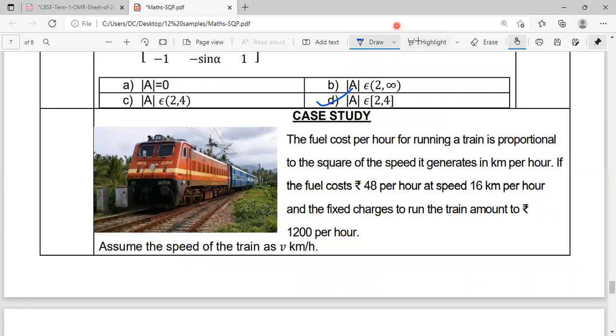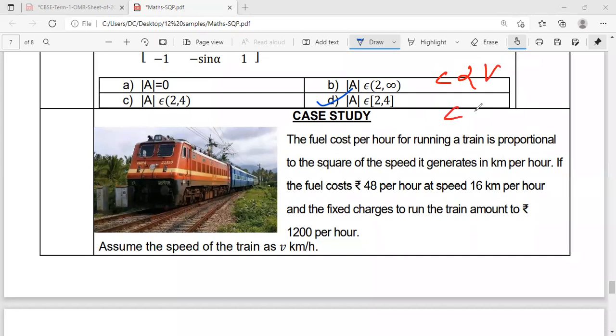Now, what is given is the fuel cost. The fuel cost is proportional to the speed v.